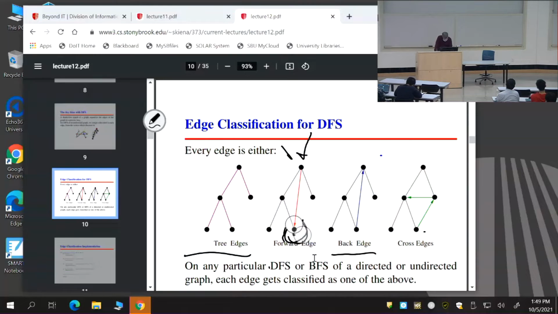If this vertex got discovered in expanding that, what's it going to look like? It's going to look like a separate discovery, and then it's going to keep working on from here. So forward edges can't happen. Every edge is going to go back to an ancestor. Any questions about that?